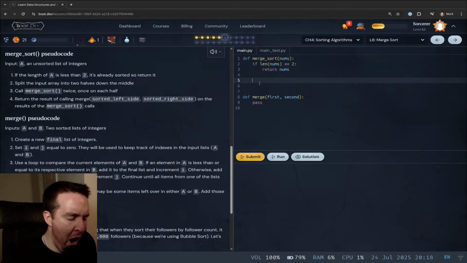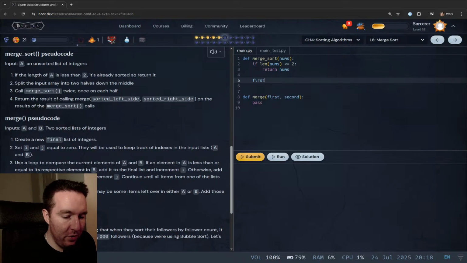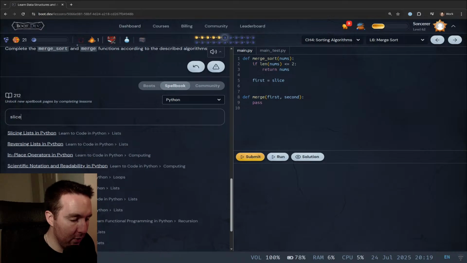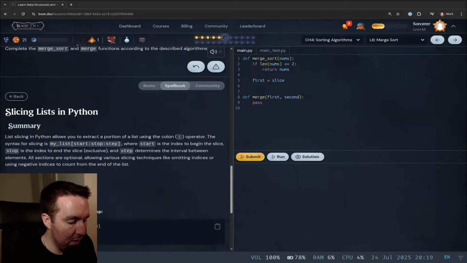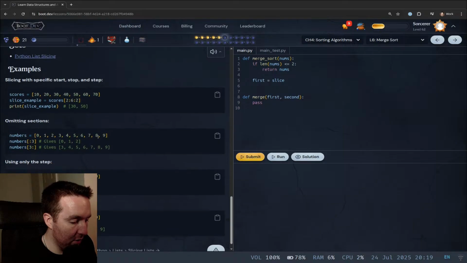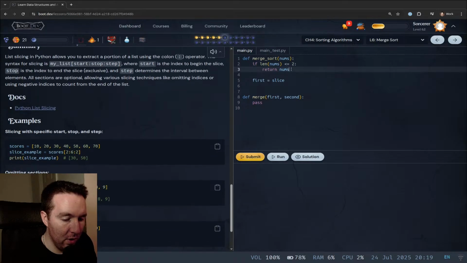I forgot how slicing works, is it nums dot slice, or is it slice? Let me look up slicing lists in Python. All right, so just do it like so.